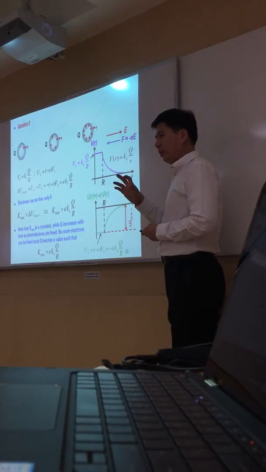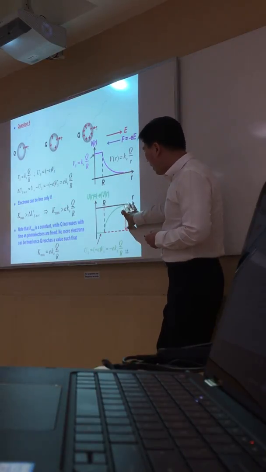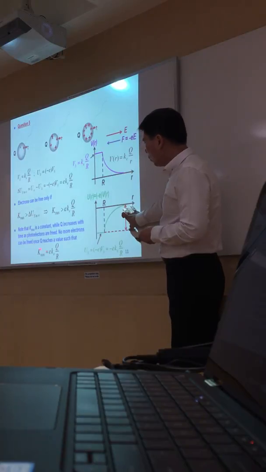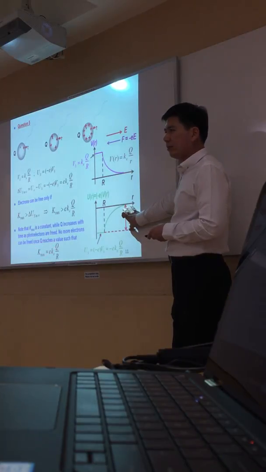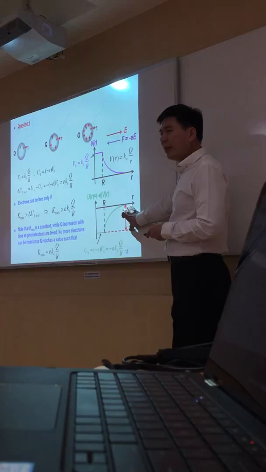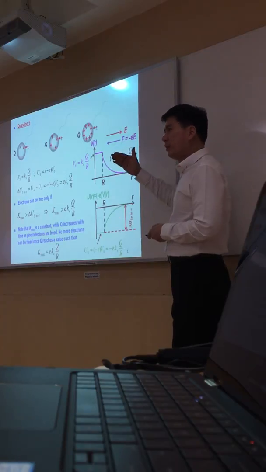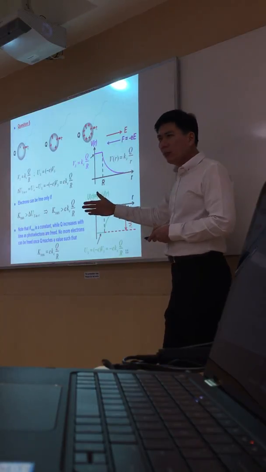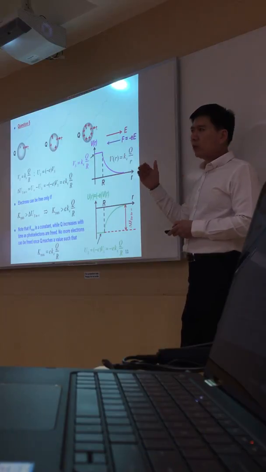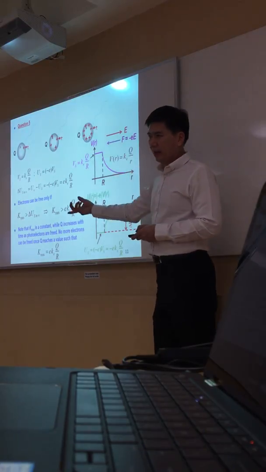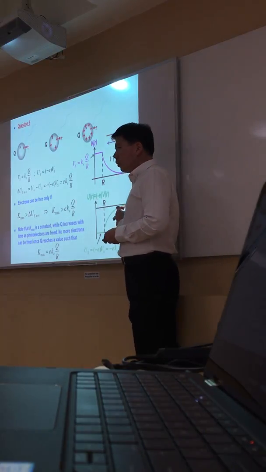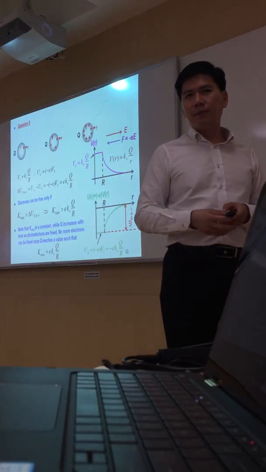Now there will be a point whereby this barrier height is exactly equal to the maximum kinetic energy. At that point, it is the limiting point. From that point onward, no electron can come out, because whatever comes out will just fall back again. They don't have enough energy to surpass the barrier.